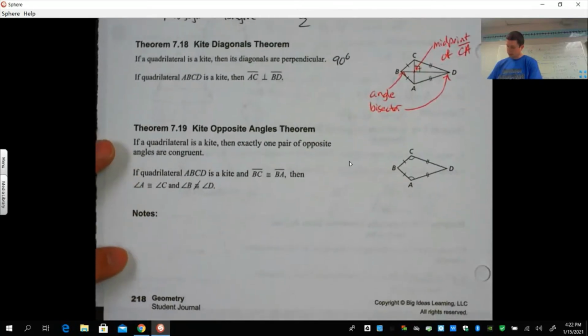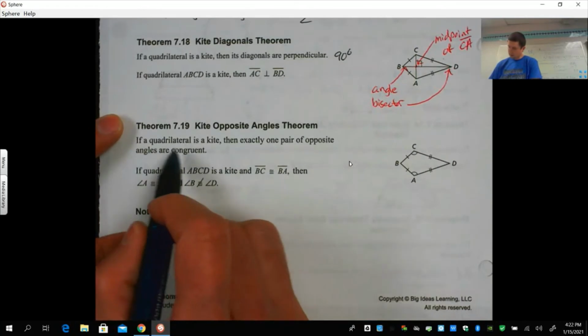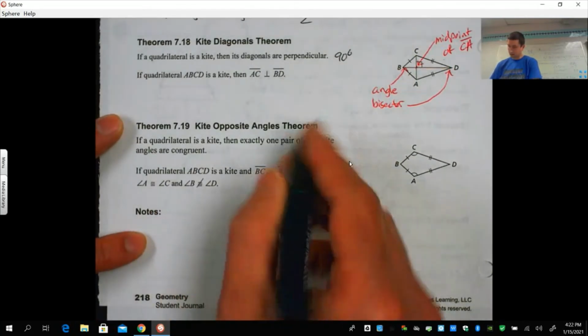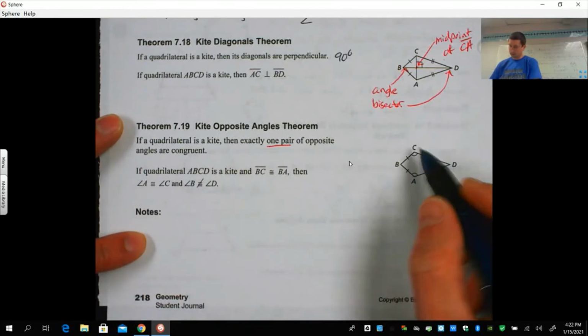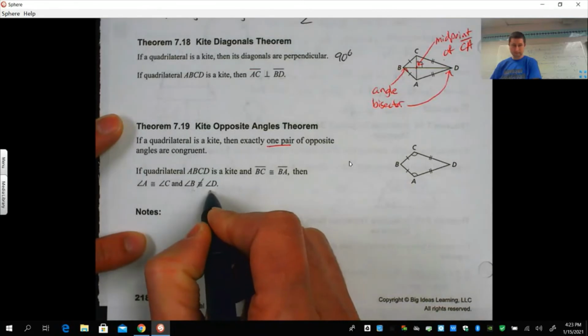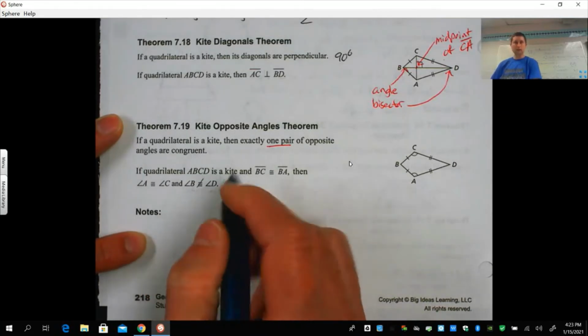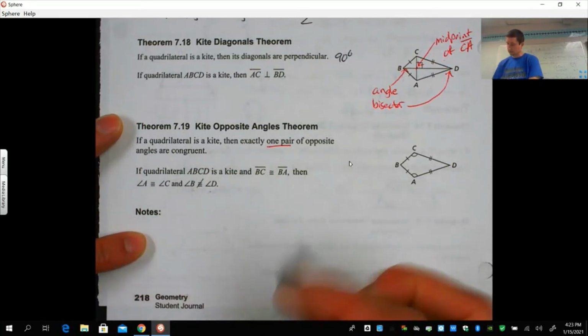Okay, kite opposite angles theorem. The quadrilateral is a kite, then exactly one pair of opposite angles are congruent. Okay, so B is not congruent to D. That's what it's saying here. B is not congruent to D. It has to be the two angles that are between the non-congruent sides.